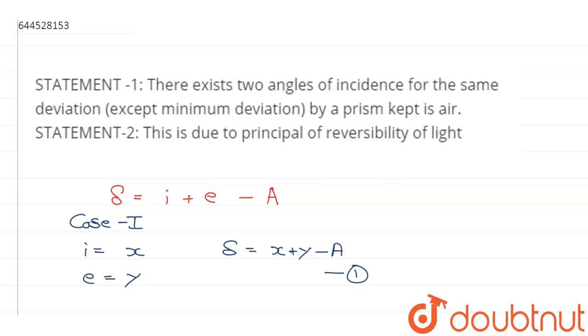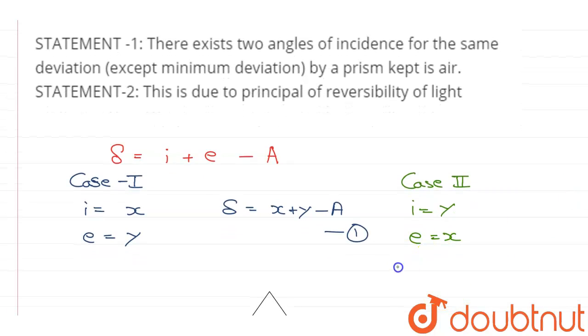Now consider another case, case 2, where the angle of incidence is equal to Y and the angle of emergence is equal to X. So the angle of deviation delta is equal to Y plus X minus A. Equation number 2.